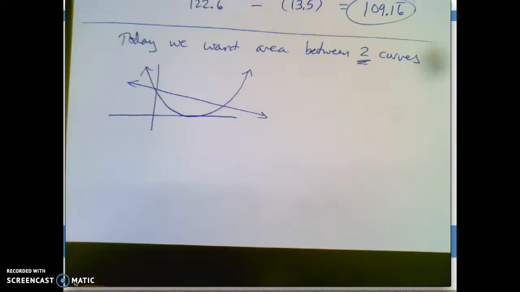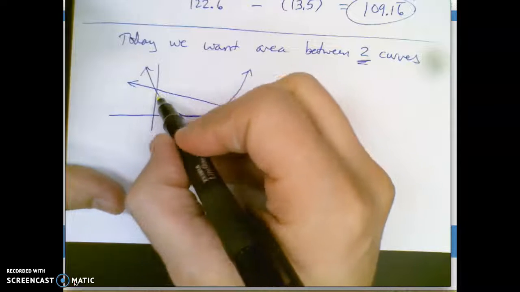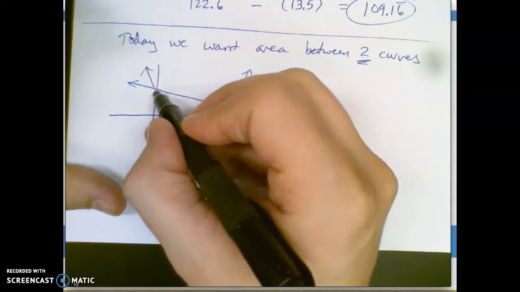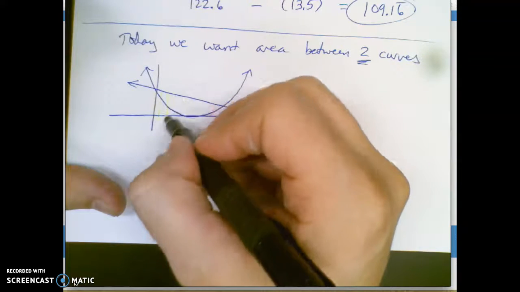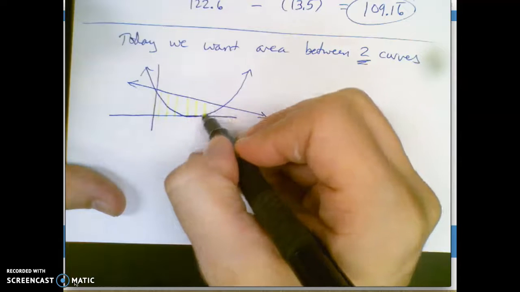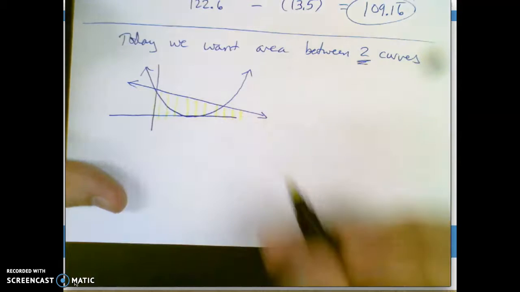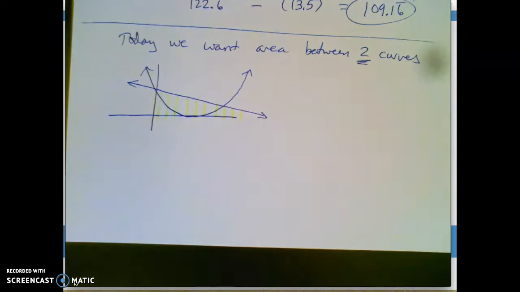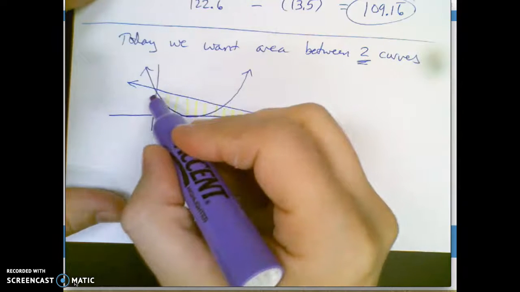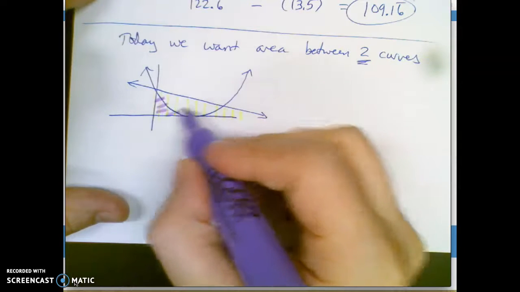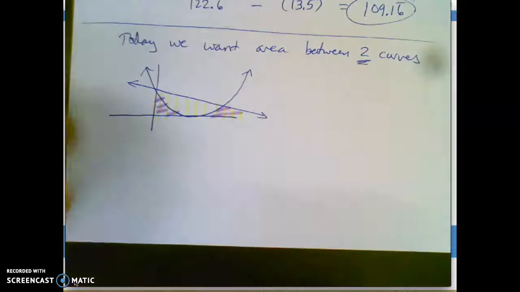Now to show you how we're going to do that, remember, if I just do the normal integral of this straight line, it'll find the area all the way down to here, right? If I find the area under the curve, it'll find this, right?